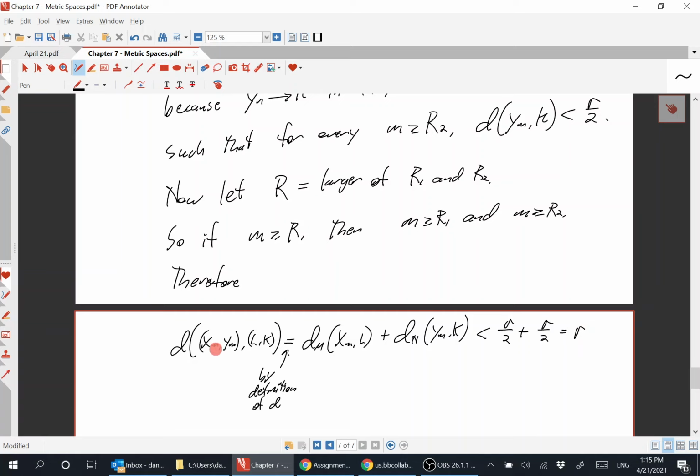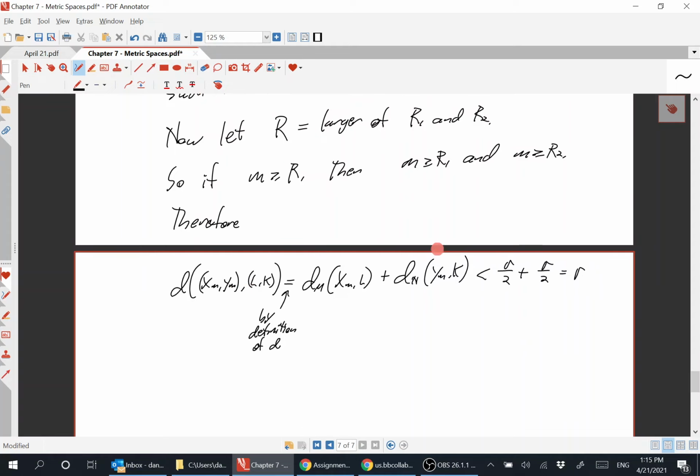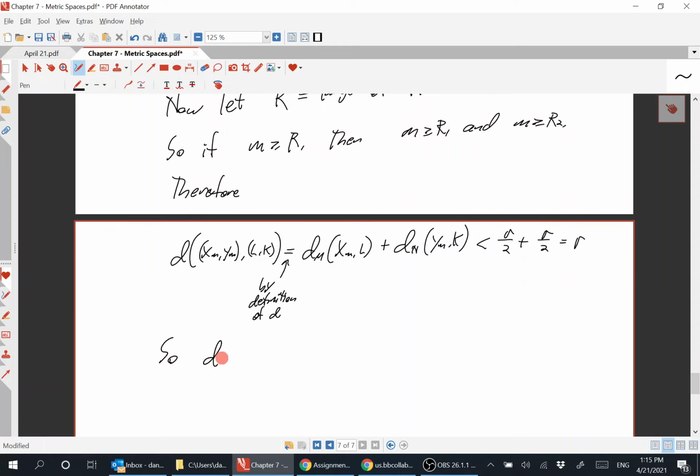So the distance from (xm, ym) to (L, K) is less than r, as required.